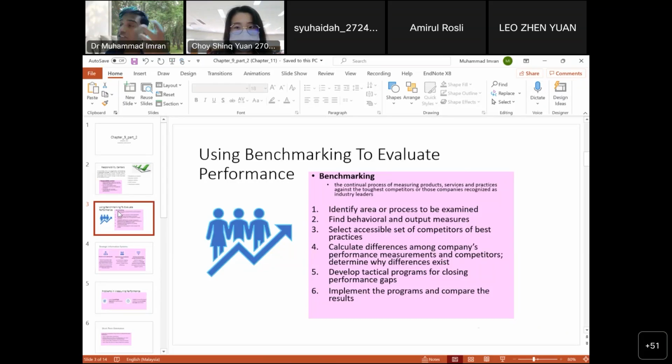Which competitors are performing well in their industry, or which practices are they implementing, we are watching them. And calculate the difference between company performance measurement and the competitor. I mean, between my company and my competitor company, we have to see the gap, how much gap we have, or how far we are from that company.